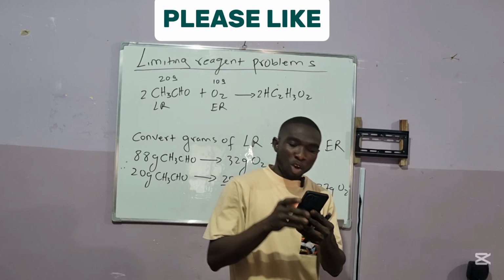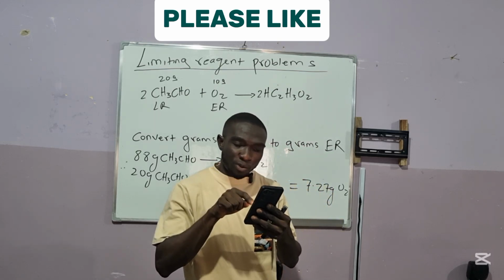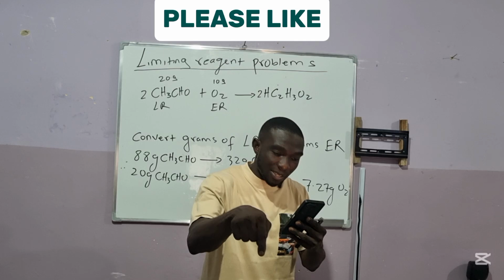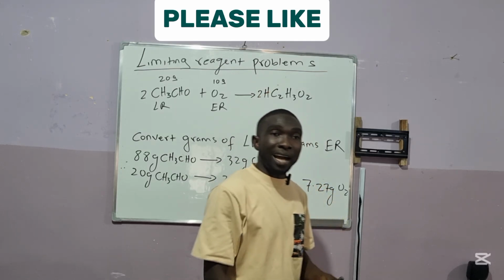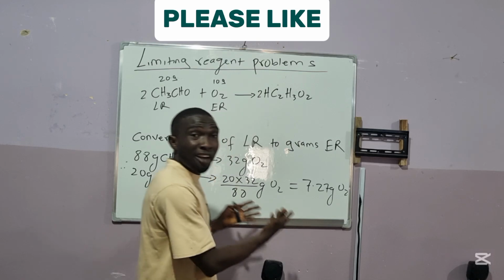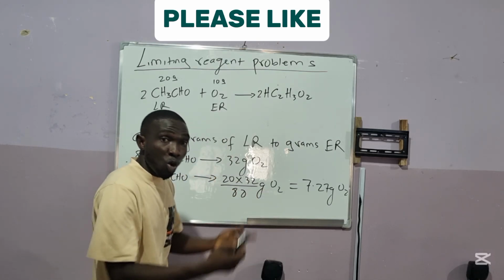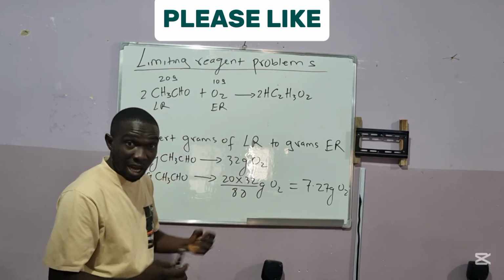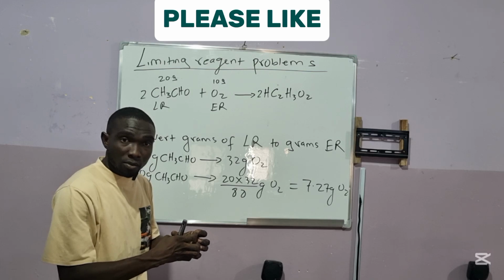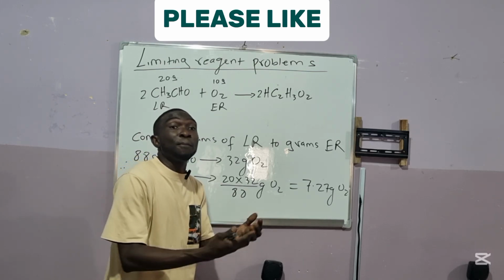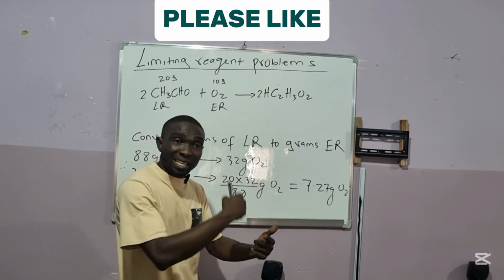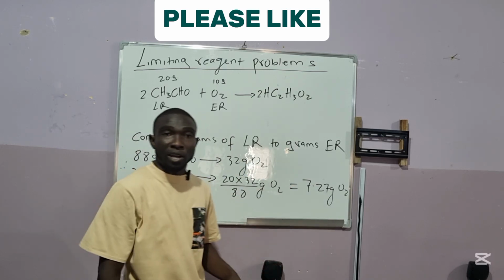The F part says, what mass of excess reagent remains after the reaction is complete? At this point, we don't really have much to do because we now know the amount of excess that was consumed. So if we know the amount of excess that was consumed, we can simply figure out the amount of excess that did not participate in the reaction.